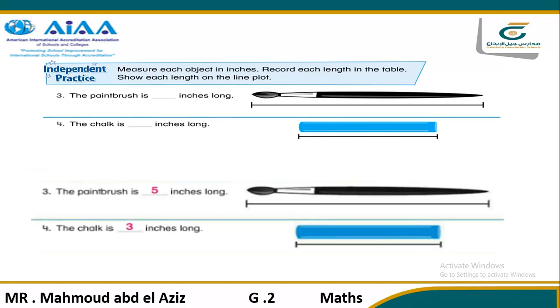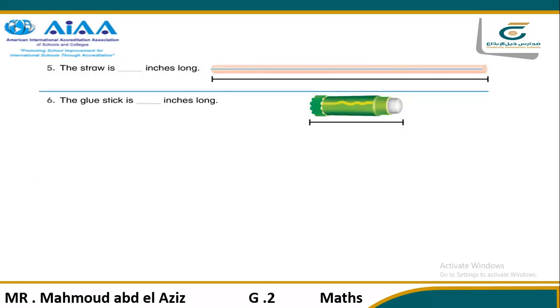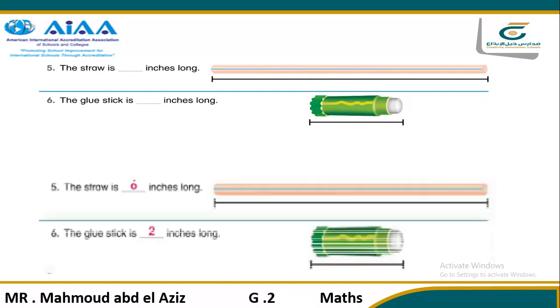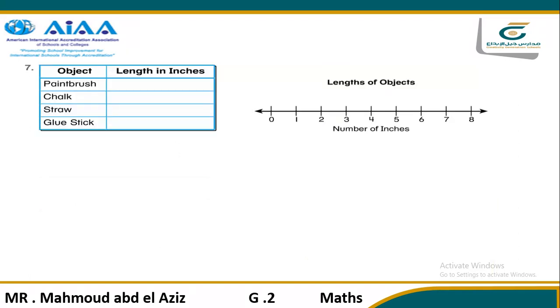What about the chalk here? Chalk is about 3 inches long. And here's the straw, and the straw is about how many inches long? Seems to be about 6 inches long. And the glow stick is 2 inches long.